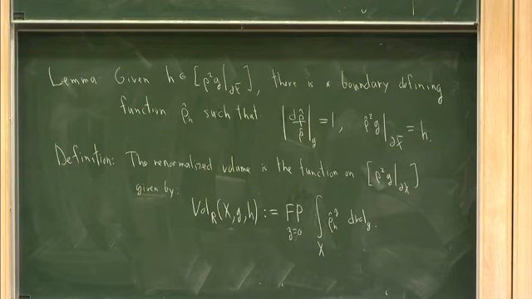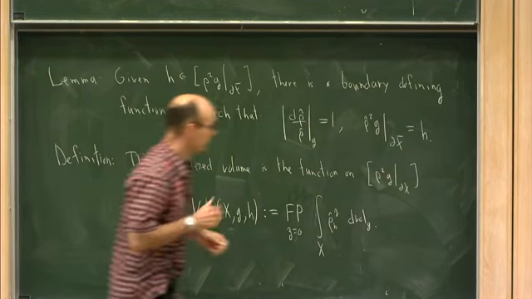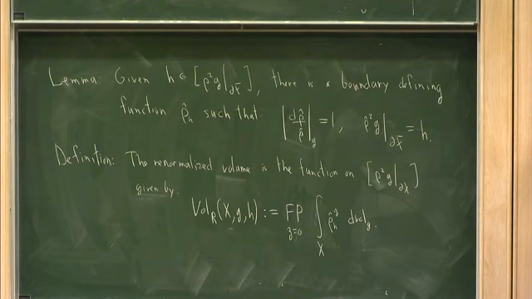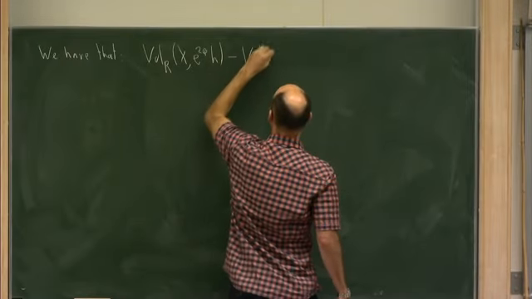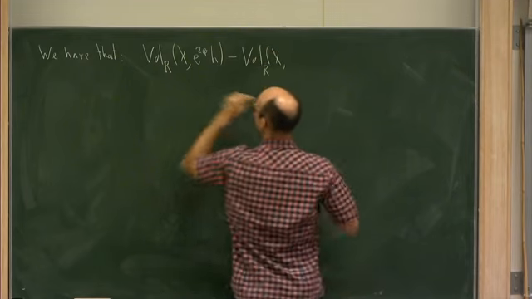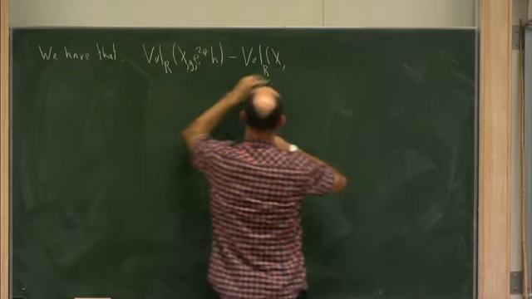So it does depend on the conformal representative. So in fact, the dependence is well understood. So we have that if I take the difference between some choice of conformal representative minus always the metric g.